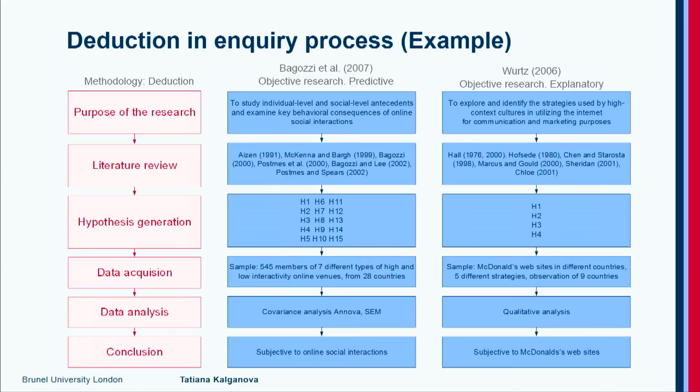If your paper lies within the deduction process, every single paper in the deduction process will follow this structure. Let's have a look at two examples of analysis of research papers in this case. Bagozzi et al.'s paper was published in 2007. The aim of this paper was to study individual-level and social-level antecedents and examine key behavioral consequences of online social interactions.